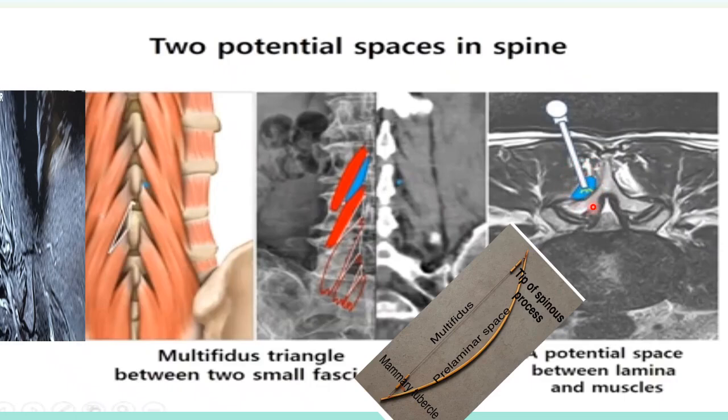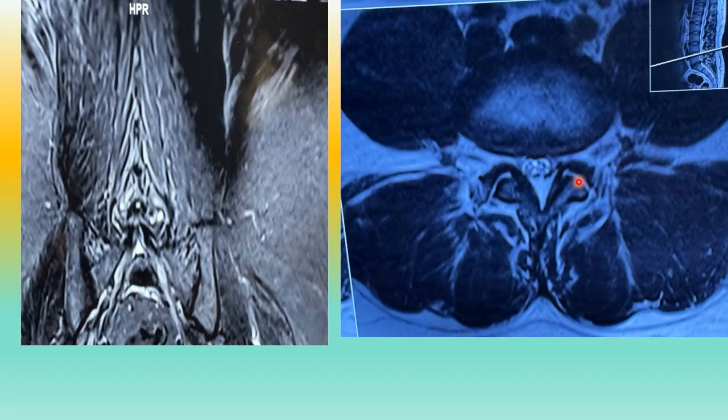And after we get some space to work our instruments and scope, then we drill this bone, and the space is wider, and that is known as the actual working space. This is the facet, and these are the multifidus, and through this fissure we reach there.